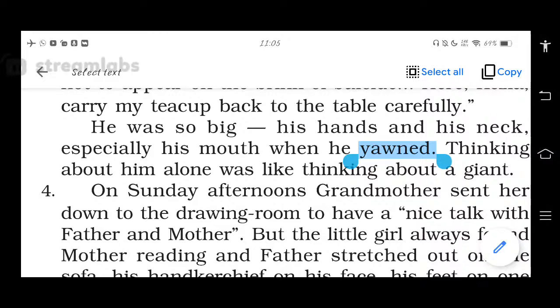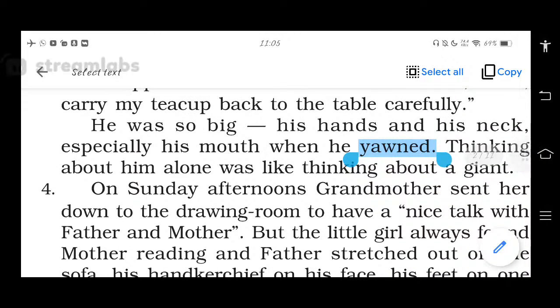When he yawned, thinking about him alone was like thinking about a giant. For this girl, when she looked at her father, he was very huge in size. As she is a girl, generally other people would seem very huge in size. That's quite a common thing.